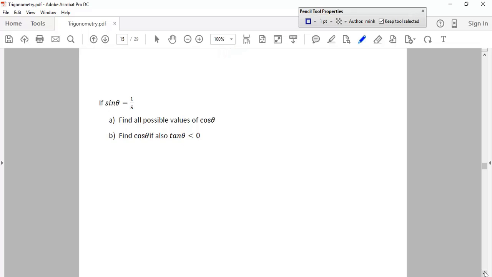So find all possible values of cos theta if sine theta is 1/5. Alright. So let's just draw the quadrant again. Or the plane, sorry. Alright, so sine theta is 1/5, so it's positive, so there's two possibilities.